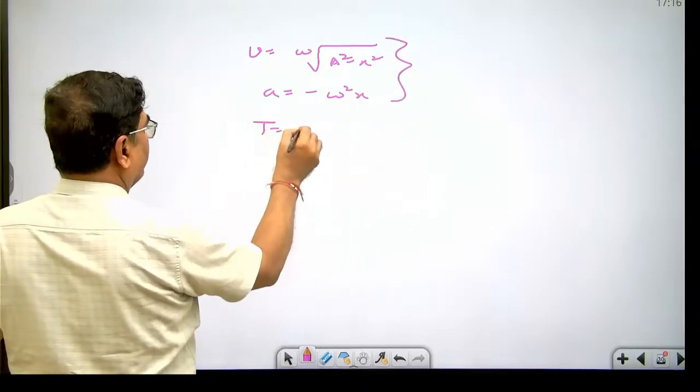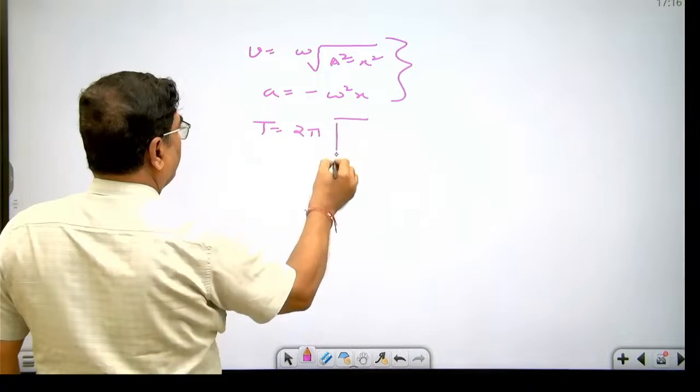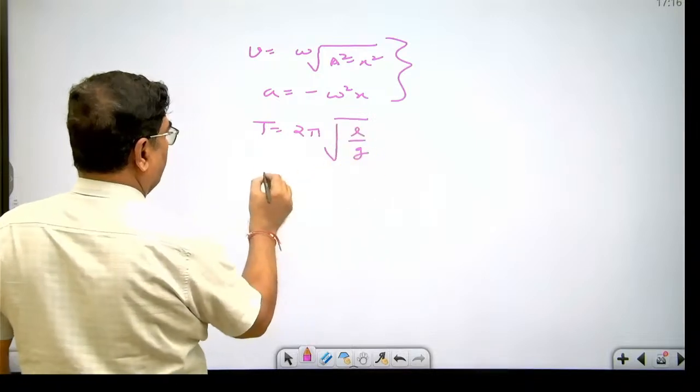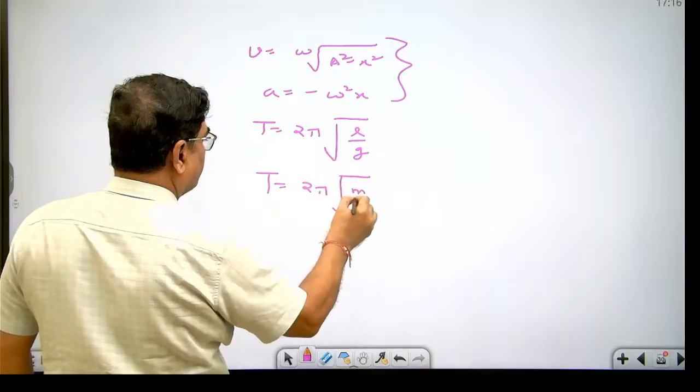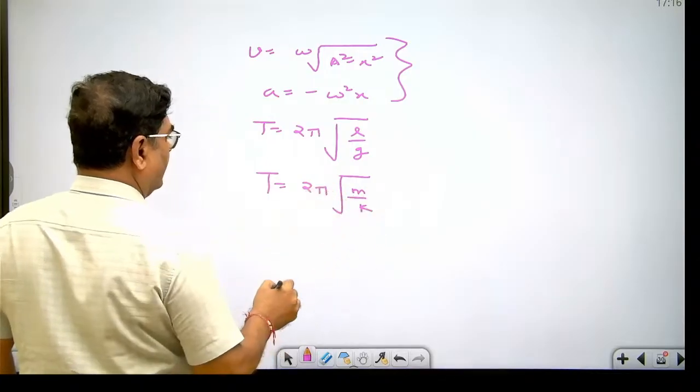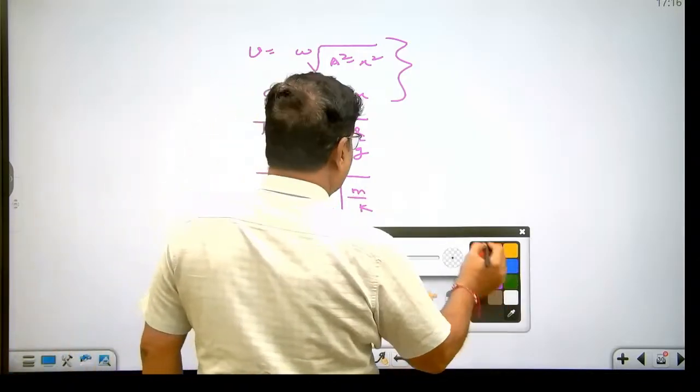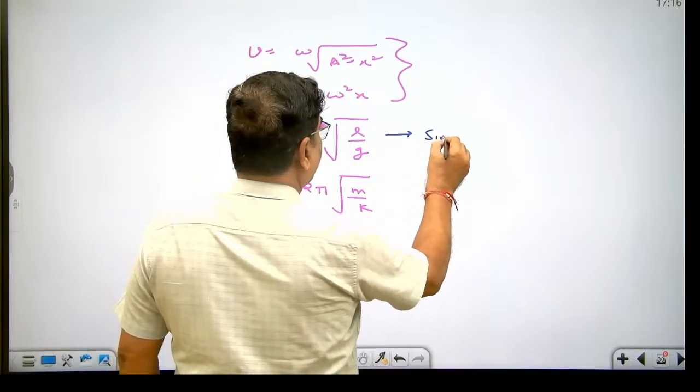The time period of a simple pendulum can be written as 2 pi under root L upon g. The time period of spring pendulum can be written as T equal to 2 pi under root m upon k. This is time period of simple pendulum.